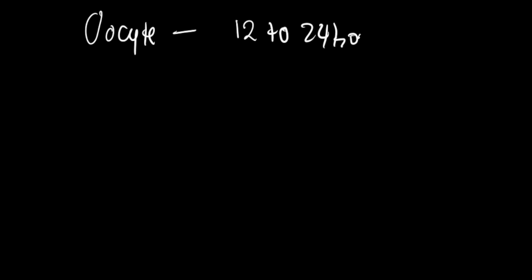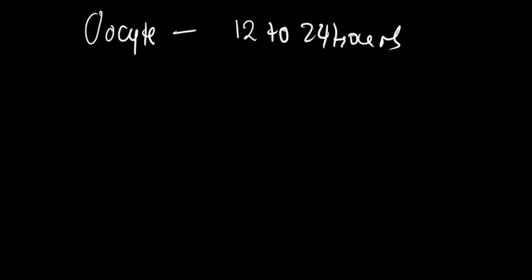Now, very important for us to take note of is the fact that the ovum, or as we have already said, the oocyte that is released, is viable for just about 12 to 24 hours.